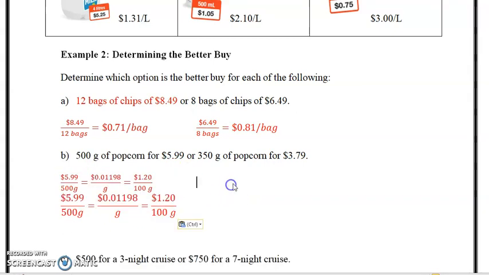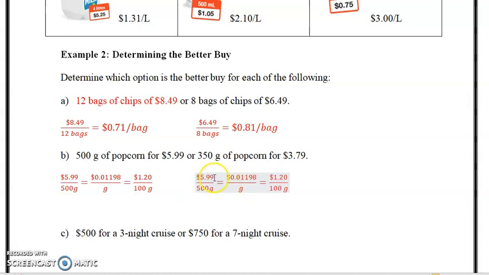We'll do the same thing with the other one. Now I'm just being lazy to copy the same number, and that's fine. Divided by 350, so we get 3.79 divided by 350. Like I mentioned before, you couldn't round in this case, because it would have come out to a penny per gram.